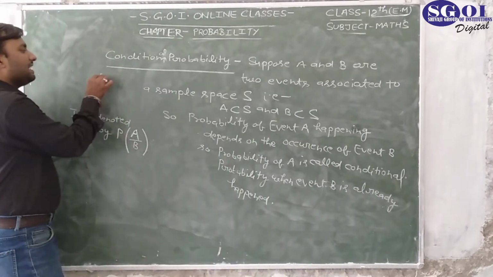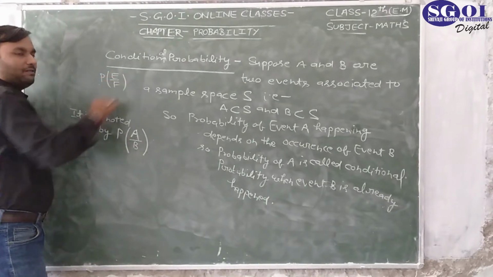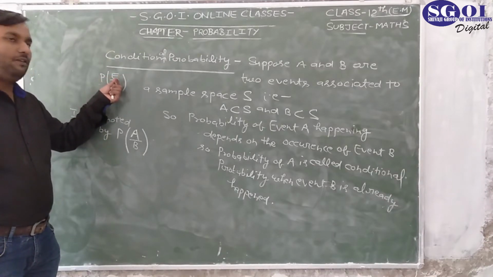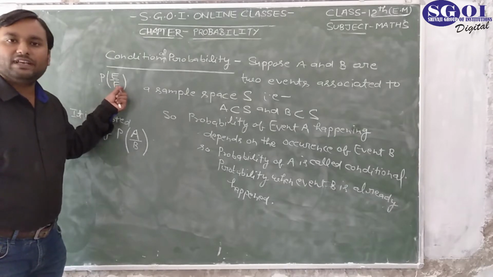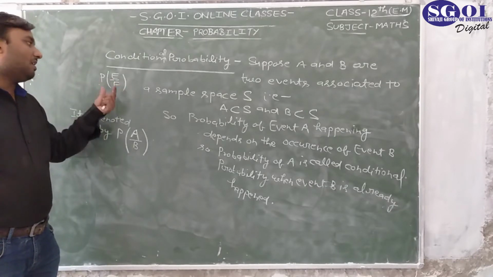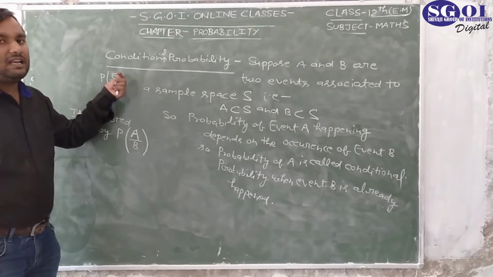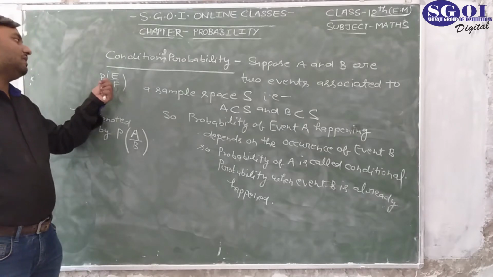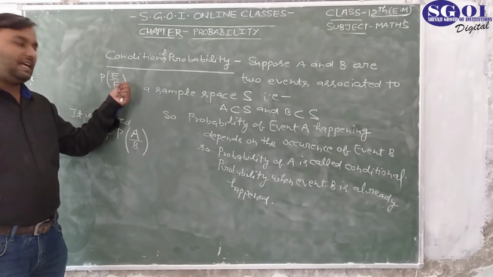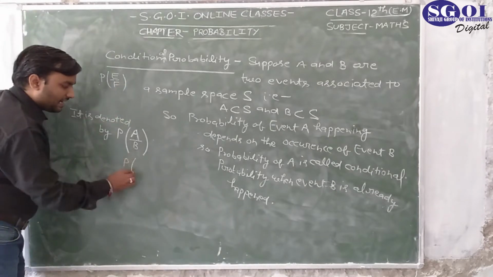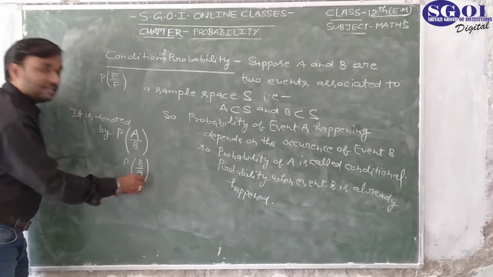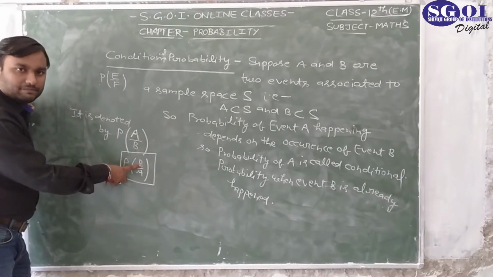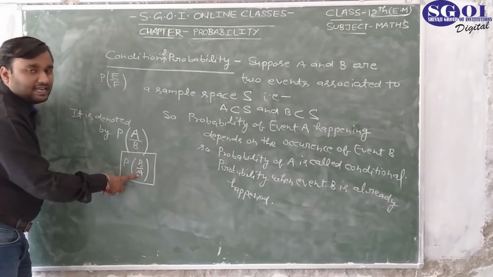So what is the meaning of P(E|F)? You can say it denotes the probability of E when event F has already happened, or the conditional probability of E when event F has happened. And if someone asks you the meaning of P(B|A), then you will say that it is the probability of event B when event A has happened.